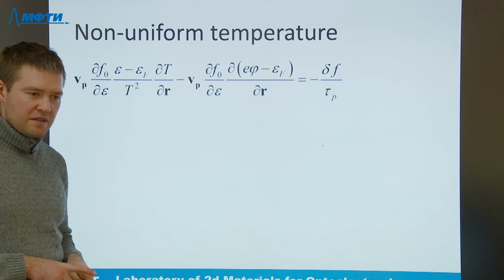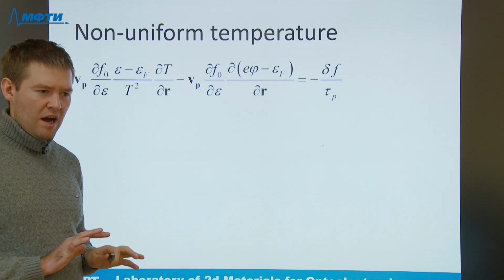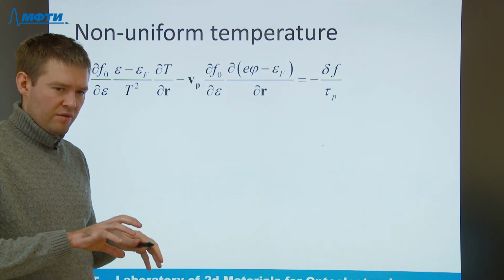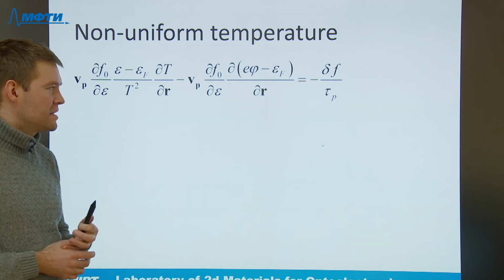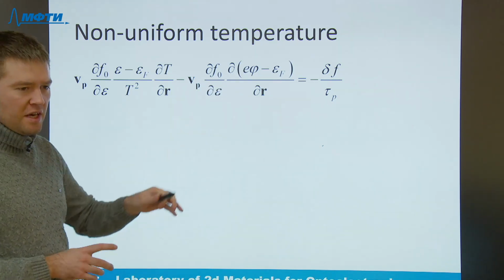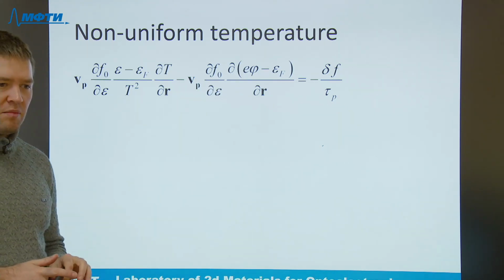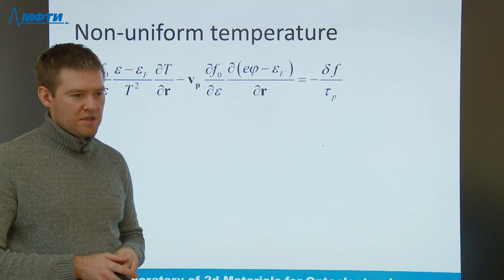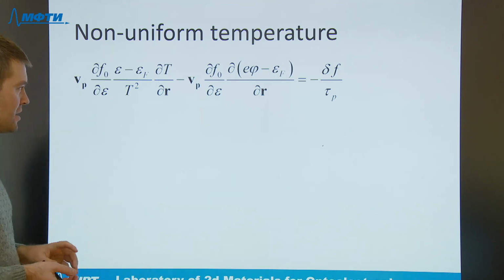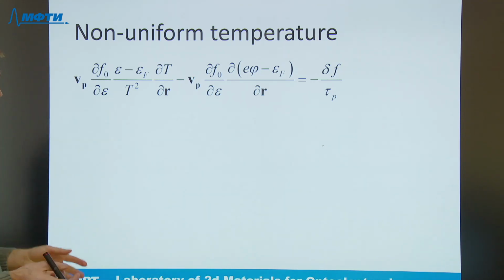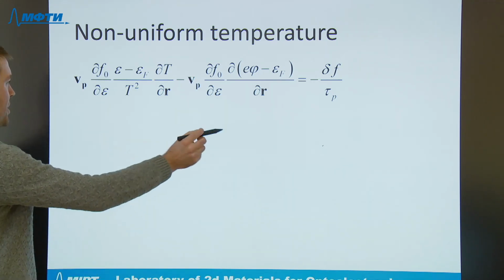This makes this simple absorption of temperature gradients into the gradient of electric field impossible. What was possible for the diffusion becomes impossible for thermodiffusion. But still the solution for the kinetic equation is straightforward here.